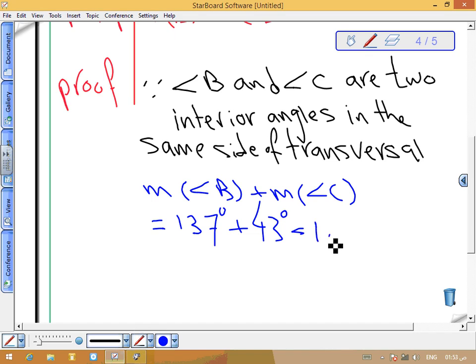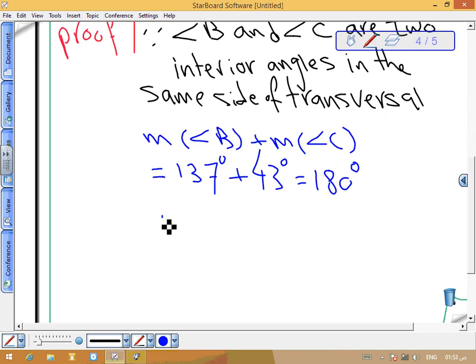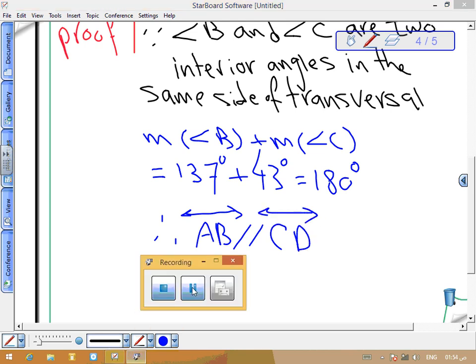Equals 180 degrees. Then the two angles B and C are supplementary angles. Therefore, the straight line AB is parallel to straight line CD. And here we have finished our lesson today. Thank you.